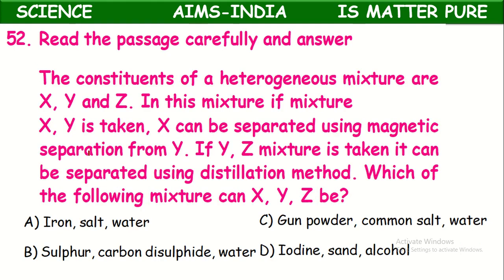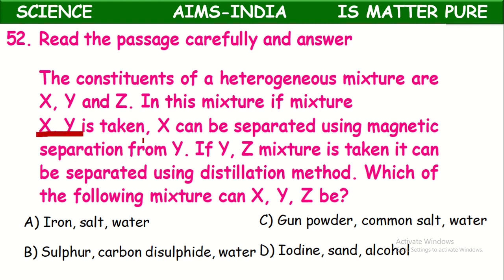Next one. Read the question here, read the passage carefully. Try to answer the question. The constituents of a heterogeneous mixture are X, Y, Z. In this mixture, if the mixture of X and Y is taken, X can be separated by using magnetic separation. Oh, we have done one question like this already, isn't it?